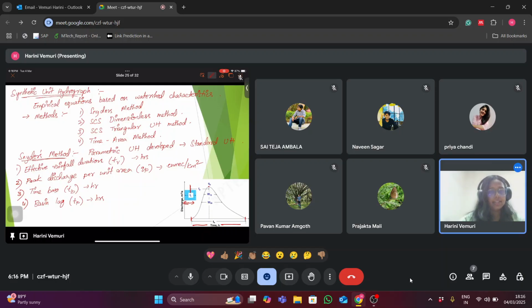This is called the time lag. But in Snyder's case, he proposed that the time interval between the centroid of the hydrograph to the peak of the hydrograph is called the basin lag. You can see this is the centroid of the hydrograph, and the peak of the hydrograph is this point. So this time interval is represented by basin lag.